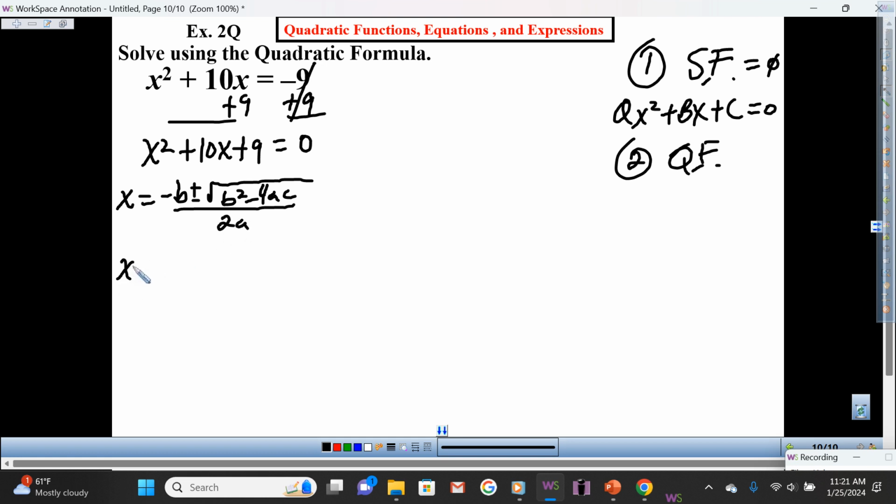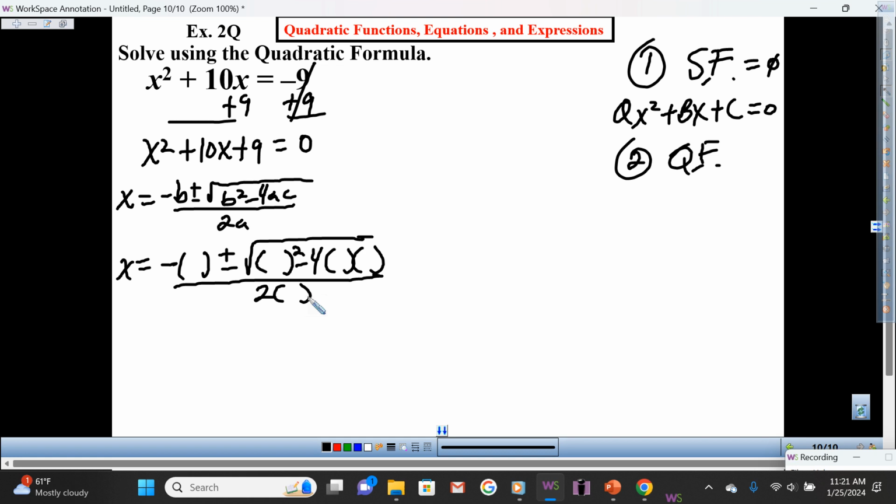Which means we need to write it again without the values, open parentheses for all values in the formula. All right? So now that I have my formula, I need to know what a, b, and c are. So step 3, I want you to write ID a, b, c, which means identify what a, b, c is.